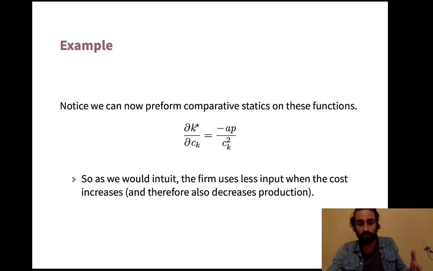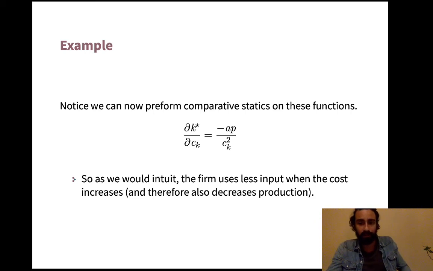And you can see that the derivative is negative AP over CK squared. You square the denominator and you have a negative sign when you differentiate something in the bottom. So that's just an identity from calculus. You should remember how to take derivatives of quotients and things; if you don't, review it. And so you get this expression, and it doesn't really matter what the magnitudes are.